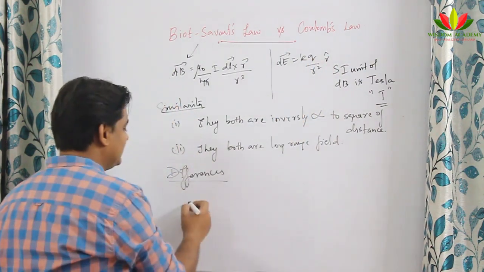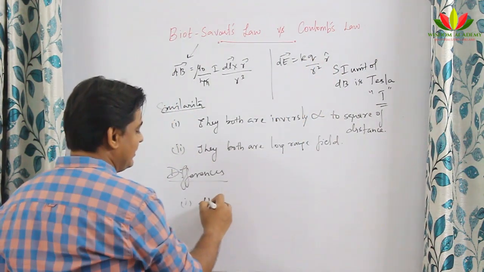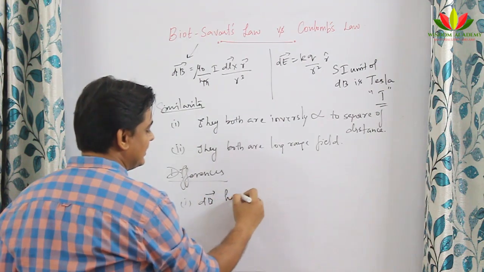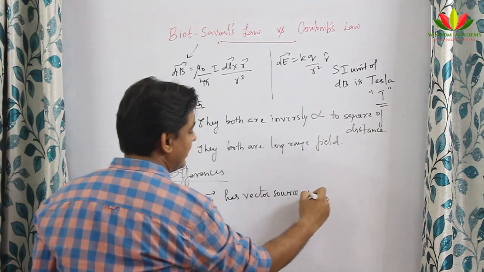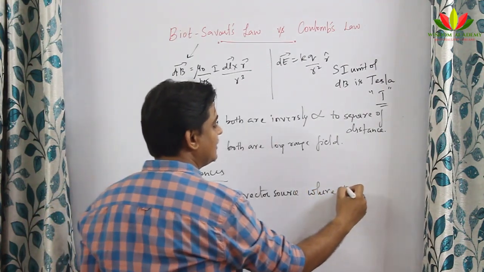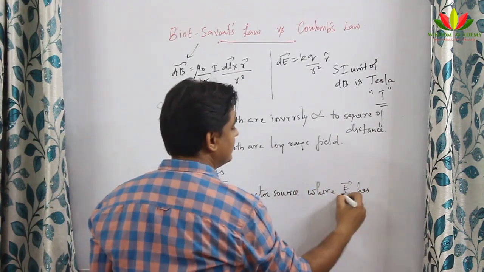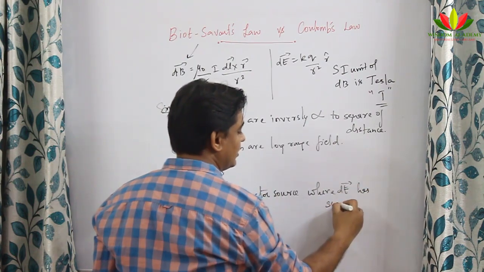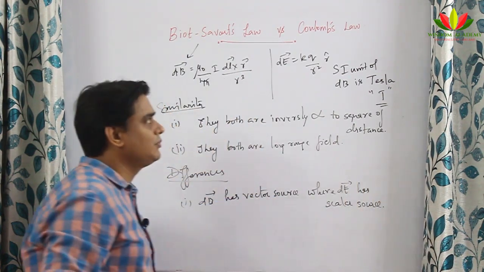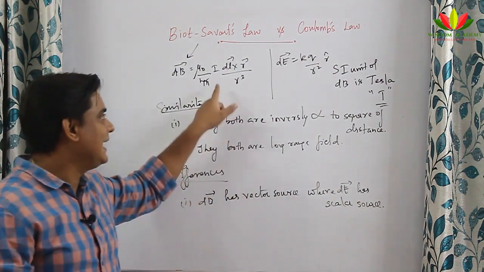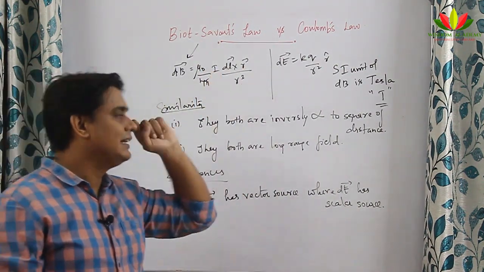So the first point of difference is that magnetic field has a vector source and electric field has a scalar source.